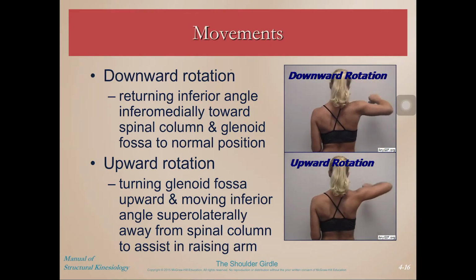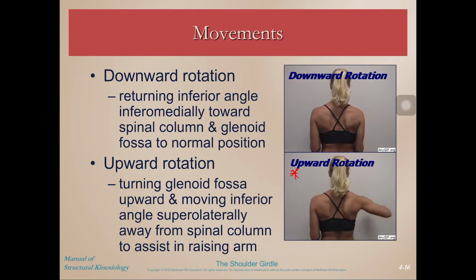We have upward and downward rotation. I can't demo it very well in this shirt, because it's maybe a little small for me and seen the wash too many times. But as you go through abduction of the humerus or of the shoulder joint, your scapula is going to upward rotate, as we see in this bottom picture right down here.